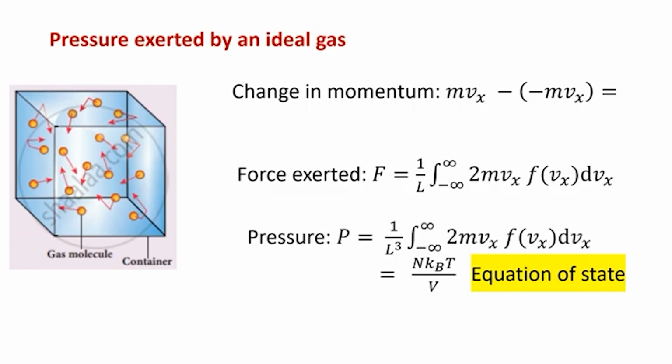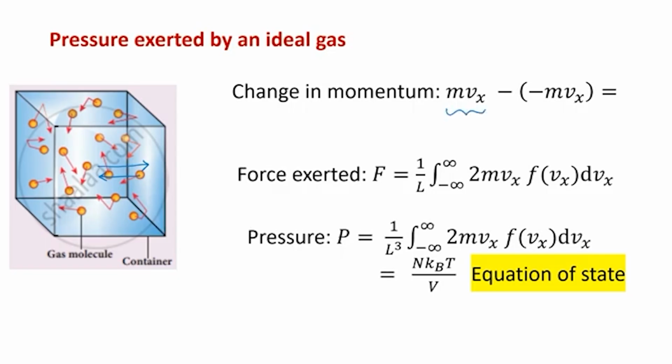So, take a particular direction and say that a molecule impinges on, say, the right edge of the box, and it returns back, okay. And this has to be considered as an elastic collision, so that it returns back elastically.